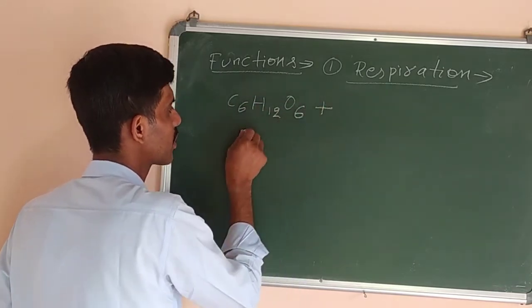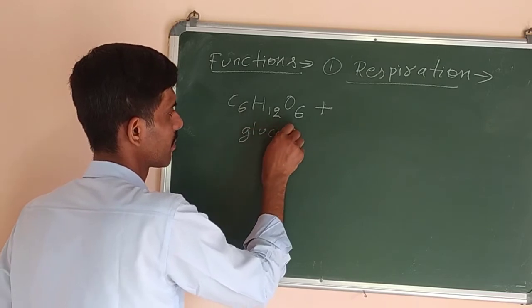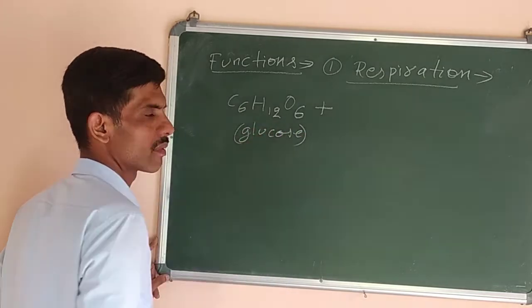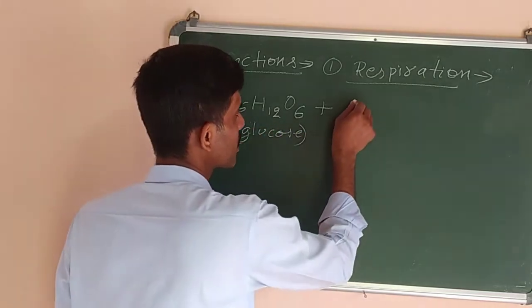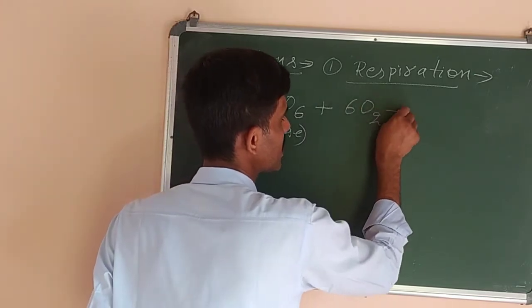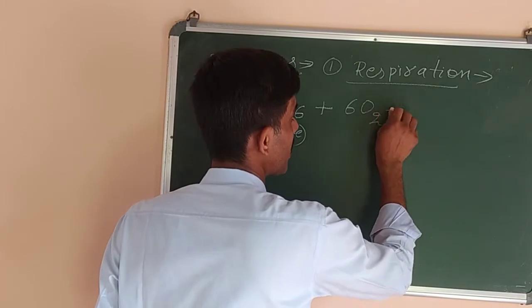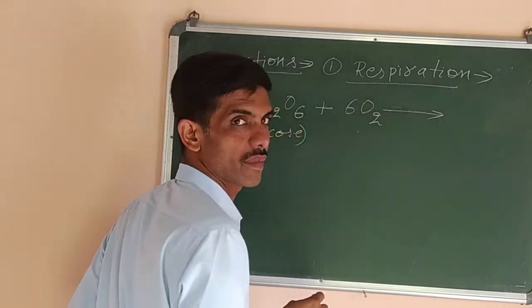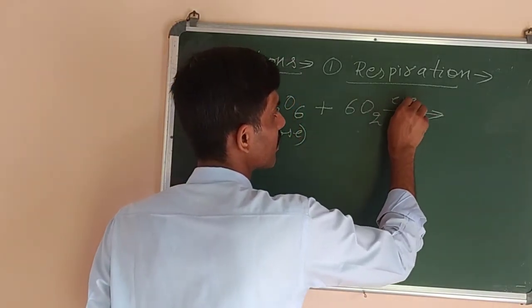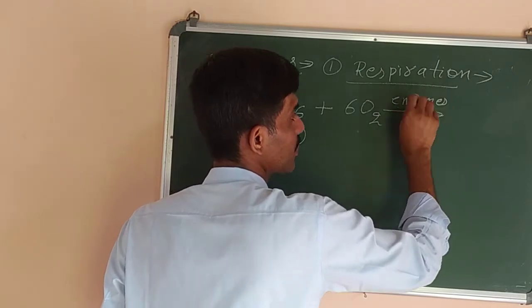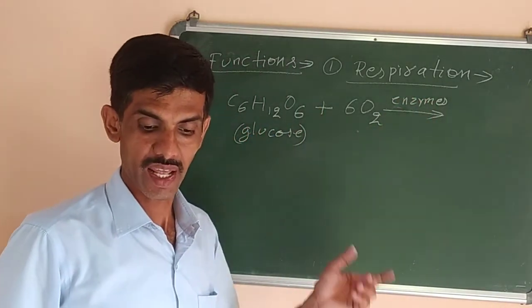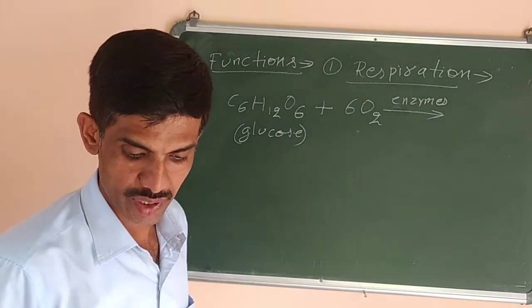This is the formula of glucose. It combines with 6 molecules of oxygen, meaning it occurs in the presence of oxygen. And enzymes are required; this respiration is an enzyme catalyzed process.